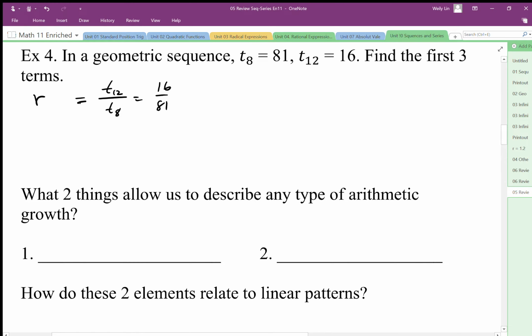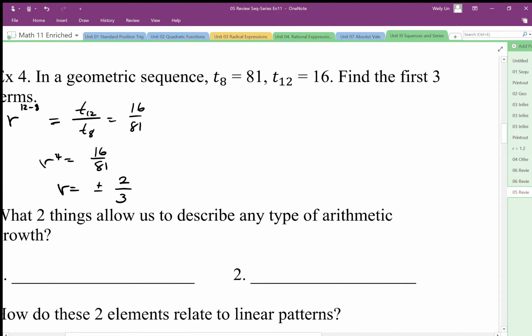The difference in those numbers gives me the number of steps, or in other words, the number of times I use r. So I get r^4 equals 16 over 81, and solving for r, r is equal to plus or minus the 4th root of 16 over the 4th root of 81, which is 2/3.